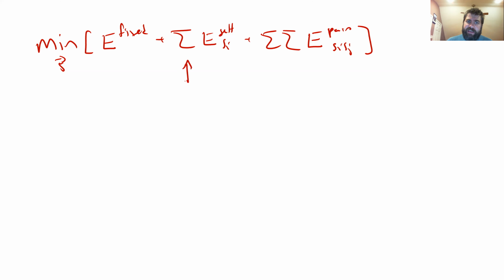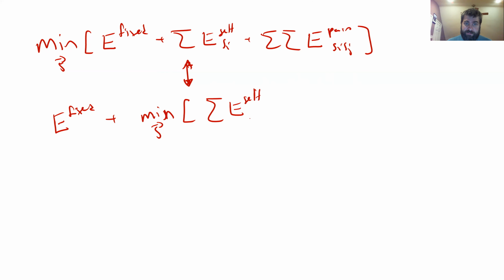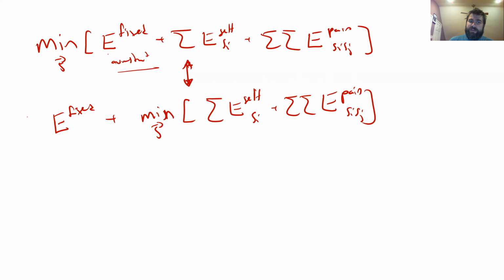This is perfectly equivalent to writing E fixed plus the min over all S of the sum of the self energies plus the double sum of the pair energies. And this is because the fixed piece is a constant, so we can take it out of the minimization.